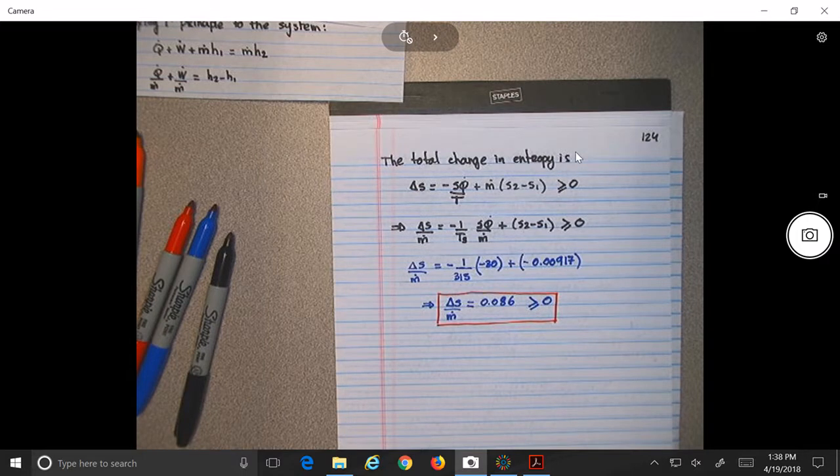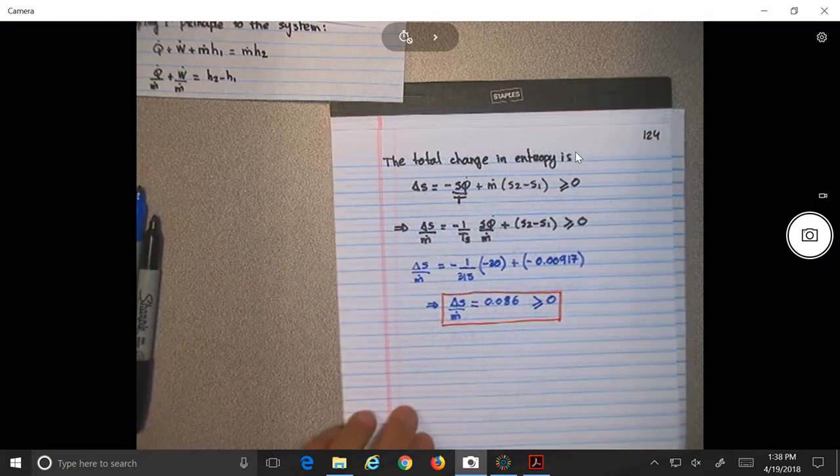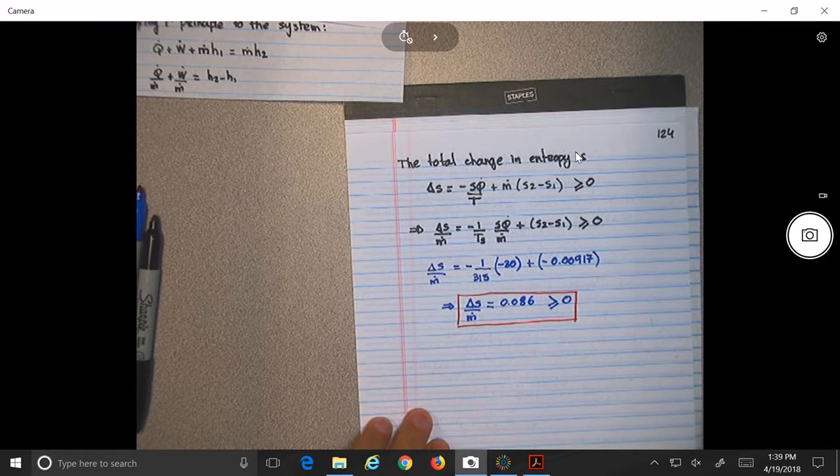It is irreversible, no? Because you cannot reuse the energy, no? Even though it's pretty close to 0, but any question about this problem? Okay, so I went through every single detail in this problem, no? For the understanding, so.